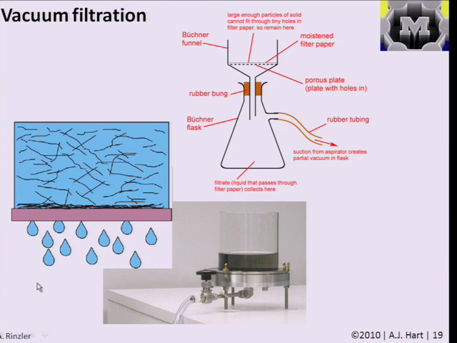And this is a diagram of a different apparatus that does a similar thing, but you basically, by applying a vacuum to the underneath of the apparatus, draw the solution through a filter, and then you collect the structures on the top surface of the filter paper.